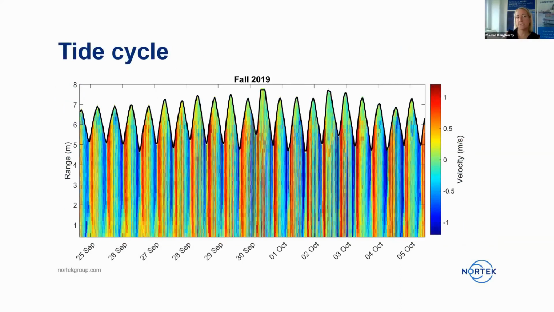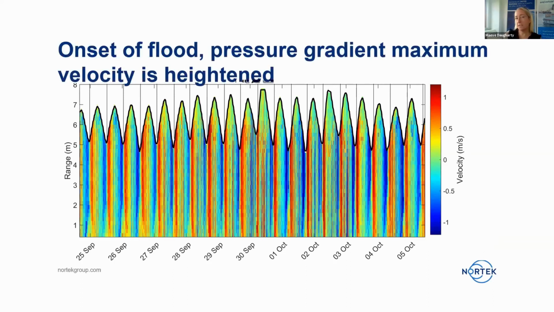So I'm going to run through the tide cycle, and where we are in the tide cycle will be indicated with these thin vertical lines. And here we're just talking about tidal forcing. We're ignoring any other mechanisms that might be present. So at the onset of the flood tide, the pressure gradient from ocean to land is at its greatest.